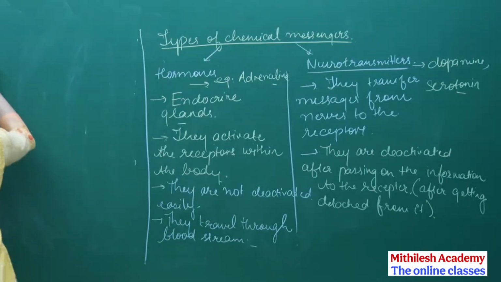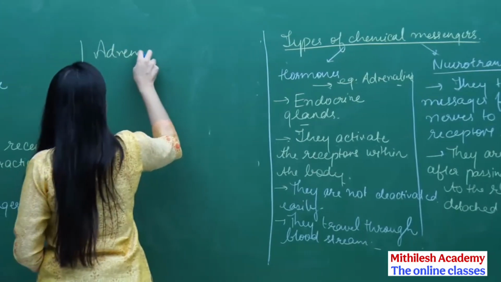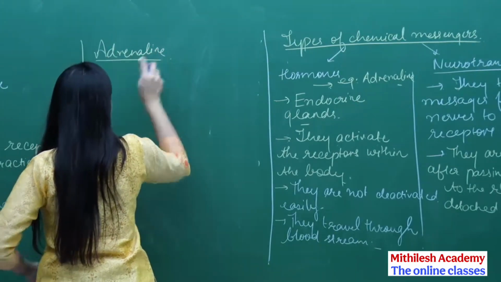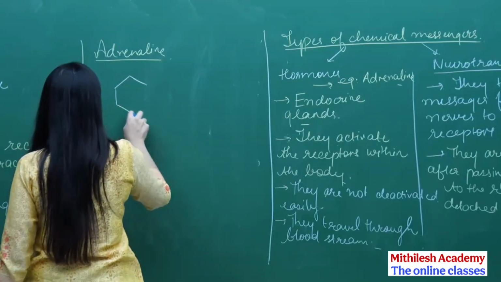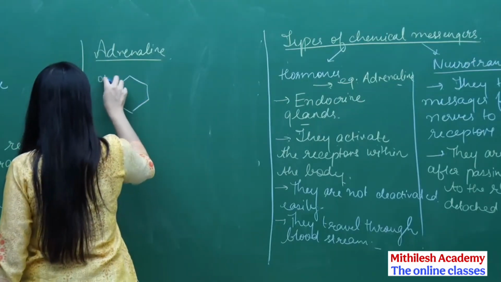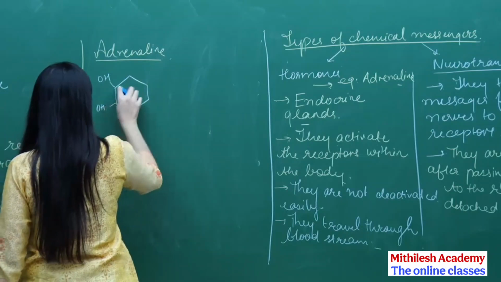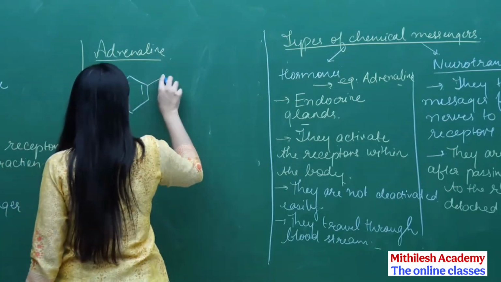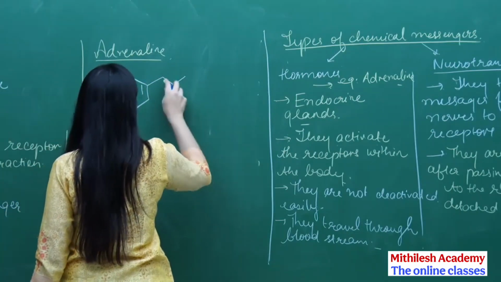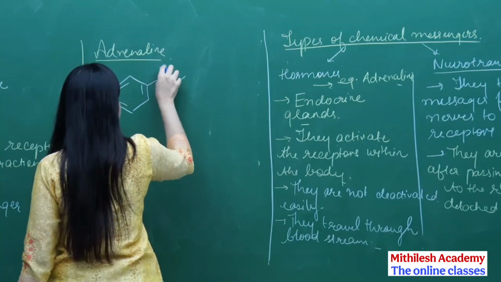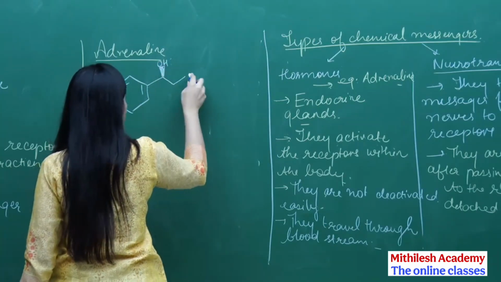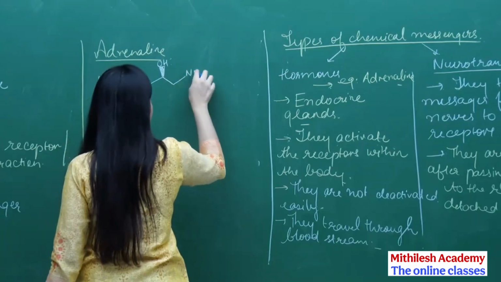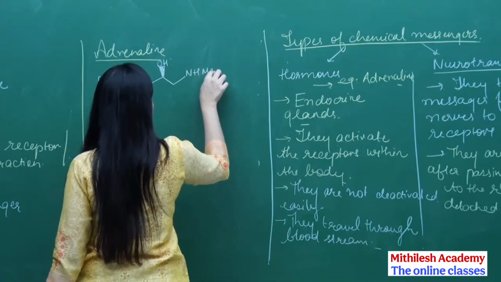And what about the structures for these three kinds of chemical messengers? For adrenaline, the structure is something like this. That is again OH and NHMe.